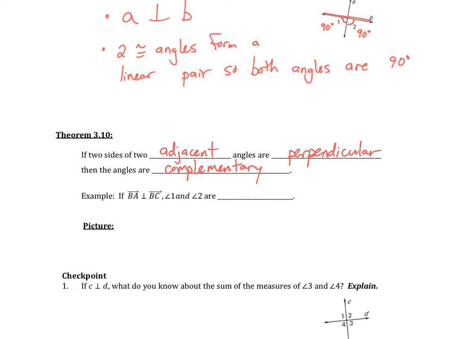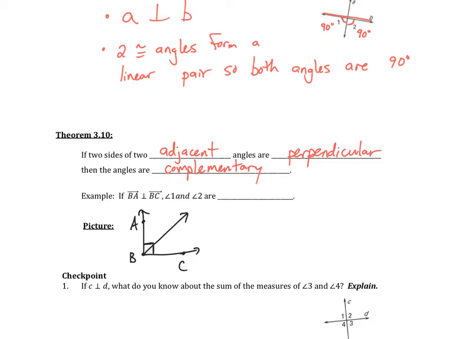So we're going to draw a picture. If we have ray BA and ray BC, and we have a third ray that goes out here, and we know that BA is perpendicular to ray BC.